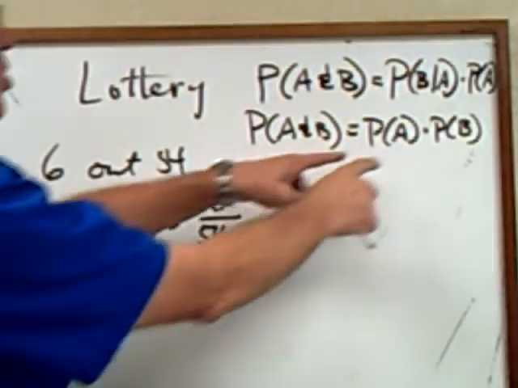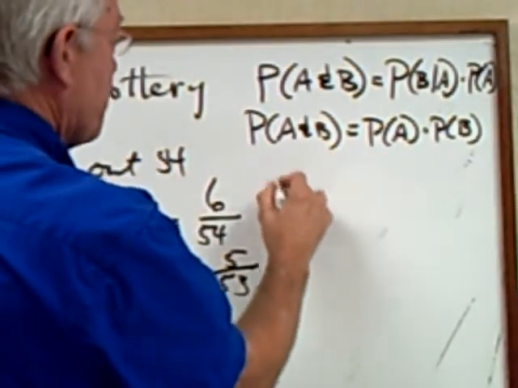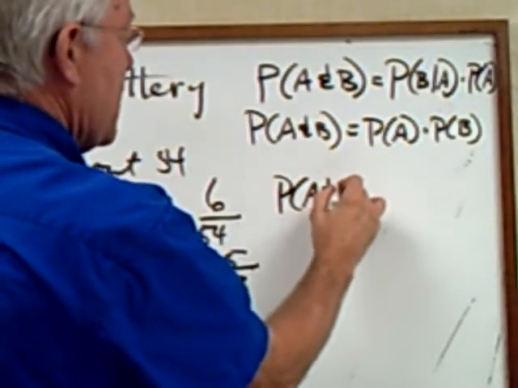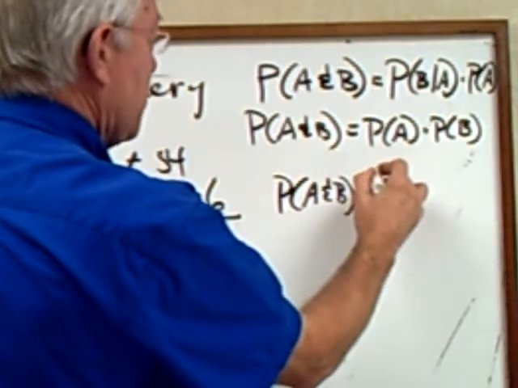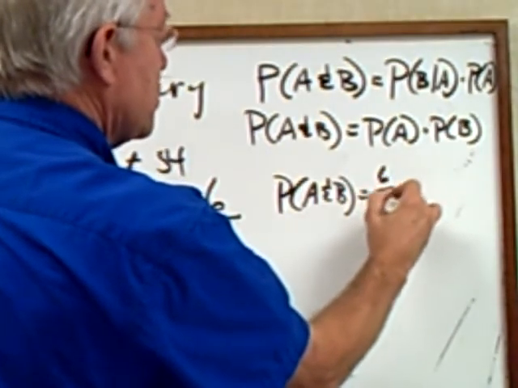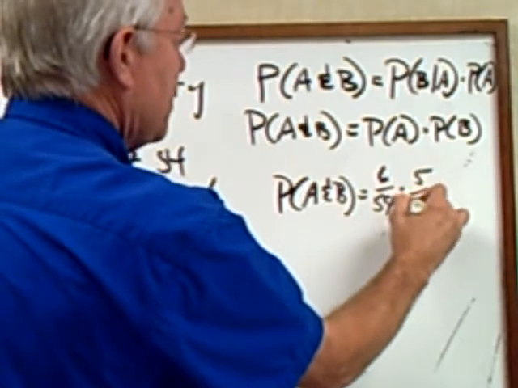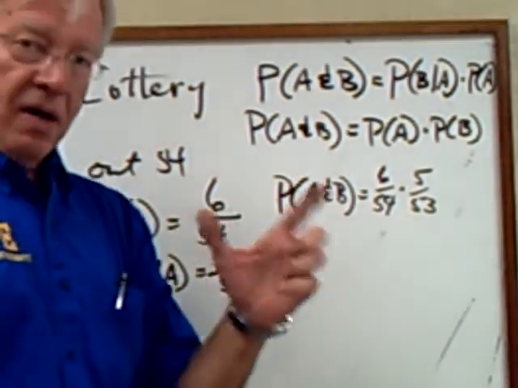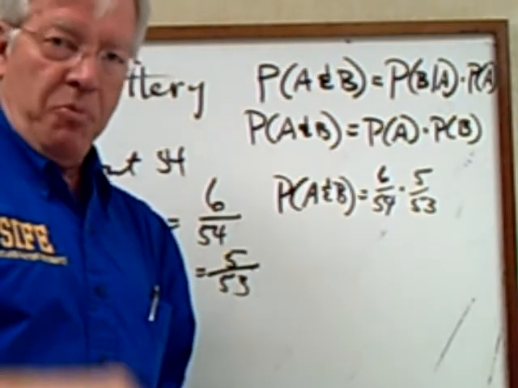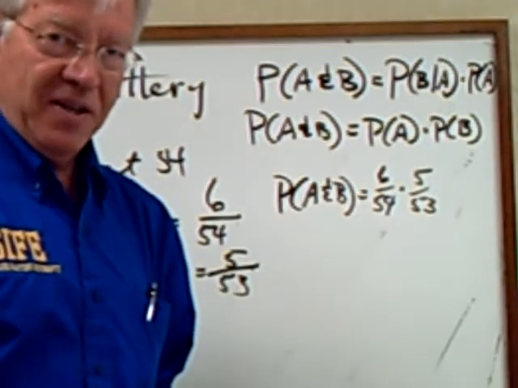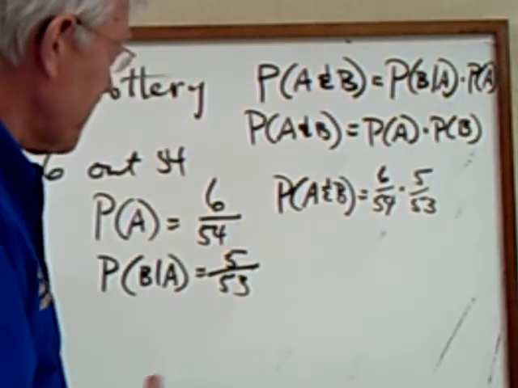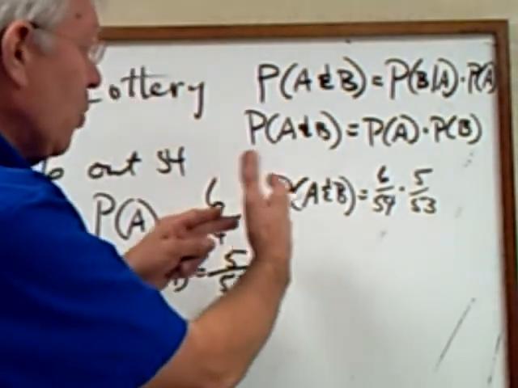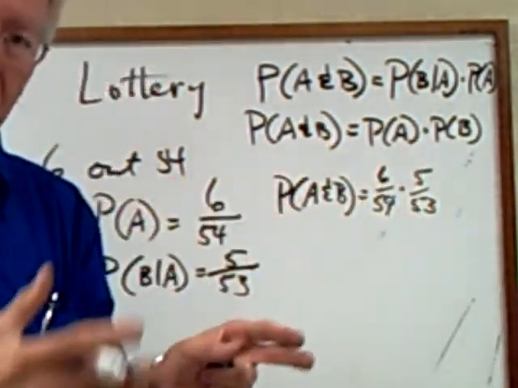And then we can go back to this relationship when we say that the probability that both A and B happens is equal to 6 54ths times 5 53rds. That's the probability that out of those 6 numbers, 2 of them will be picked that you have selected as your lucky numbers. Okay? Well, we can continue this on out for all 6 numbers.